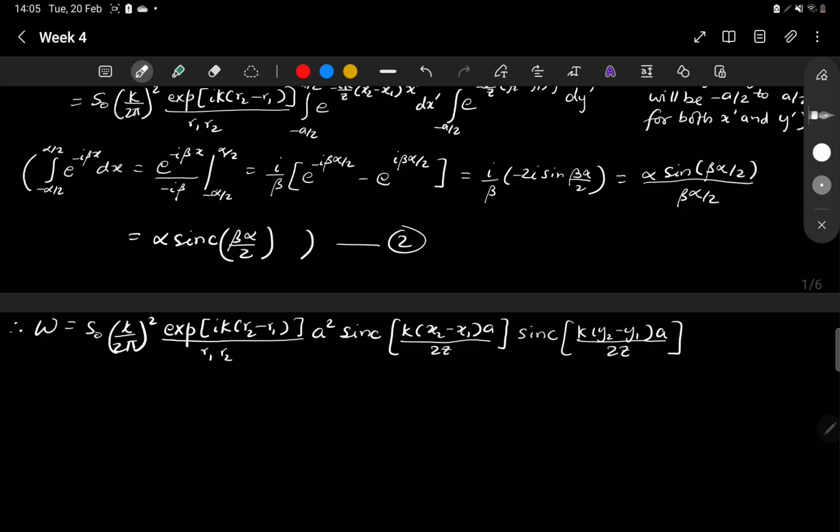So this is the final expression for the cross spectral density function.